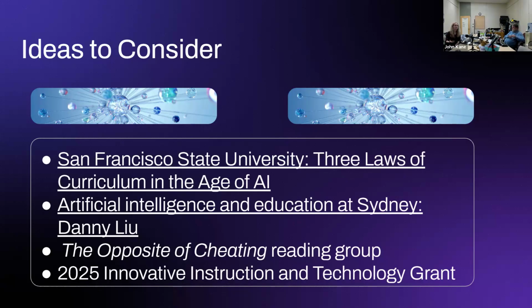And then I will say very briefly, John has sent out a couple of announcements about this so far, and I could forward one if you would be interested, Menjung. This year, John and I are participating in another IITG, which is an Innovative Instruction and Technology Grant.